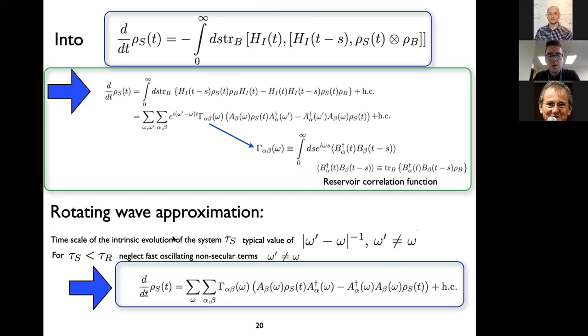Okay, so the rotating wave approximation. At this stage, we then make the rotating wave approximation.